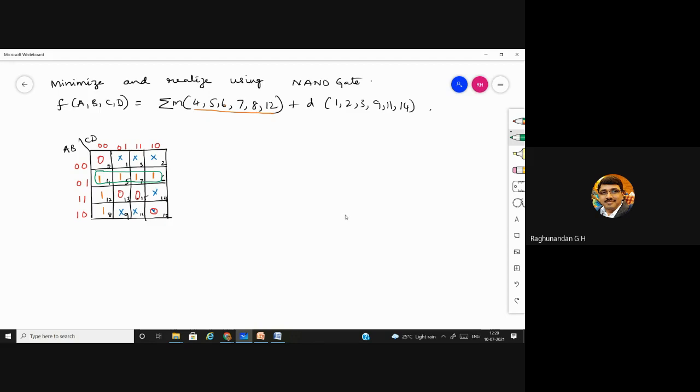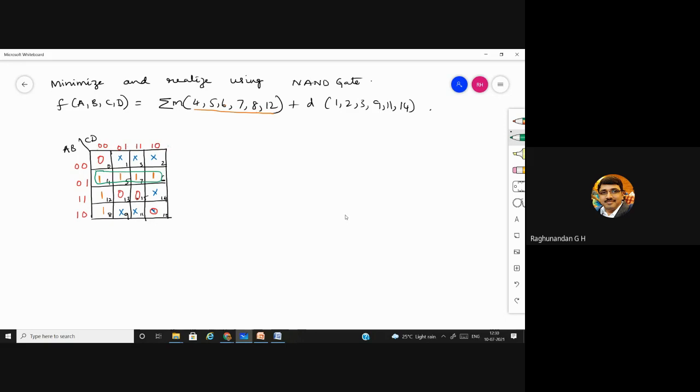If you have 4 positions, you cannot take any common term. For all the 4 different values, C cannot be common or D cannot be common. That's why we will not consider any of these values. We will consider only this value.